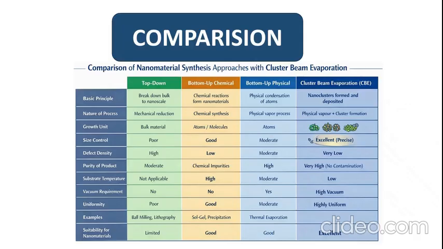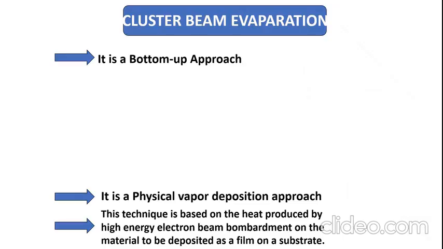So now the next one is about the comparison. We are comparing our top down and bottom up approaches and the physical and chemical approaches with cluster beam evaporation. Before understanding this, we should understand what is actually meant by cluster beam evaporation.